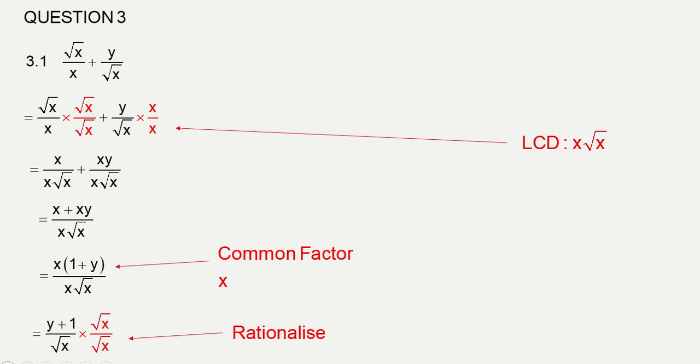Now this x, which was a common factor, divides with this one and you get 1, and you are left with root x and you are left with y plus 1. So if you rationalize by multiplying with root x over root x, you get what you were shown to prove, and that is root x multiplied by y plus 1 over x.